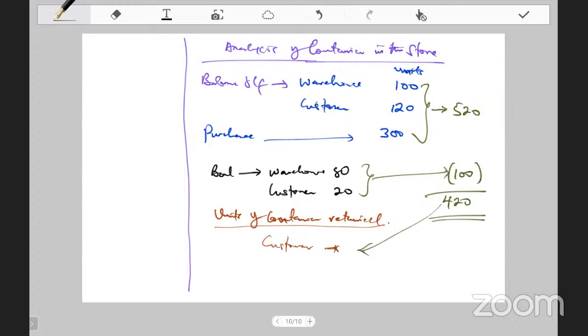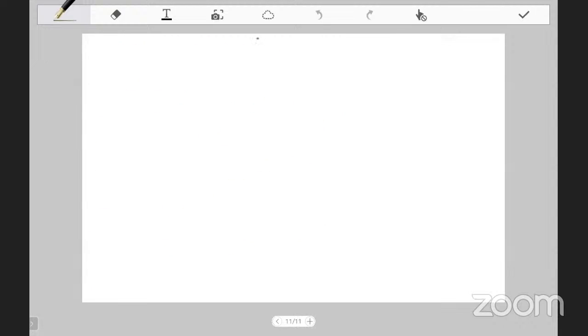Okay, if there's no question, let's go to the accounting methods and all the rest. Now, when you talk about the accounting for container, the accounting process, we'll be looking at 3 methods. The first method is what is called the container statement of profit or loss method.